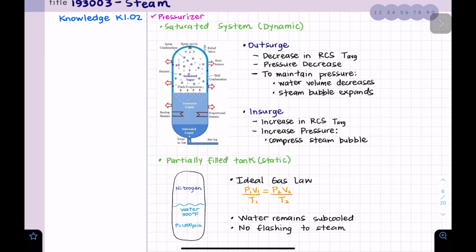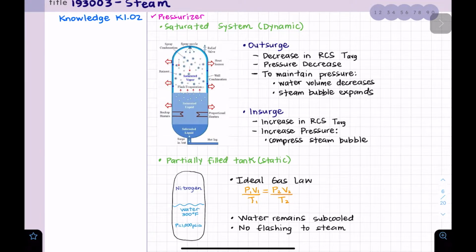But if the question asks, if we have an outsurge, we are obviously talking about this one down here. We're not talking about this one. We're talking about this pressurizer, this dynamic system, if we have an outsurge, right? And that's how we'll know, at least we can discard this other one in our questions, right?